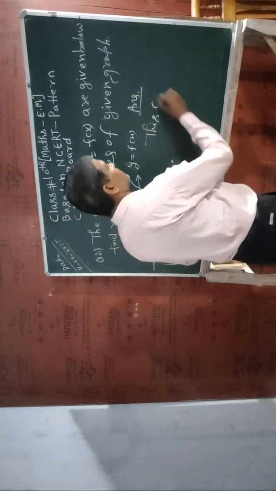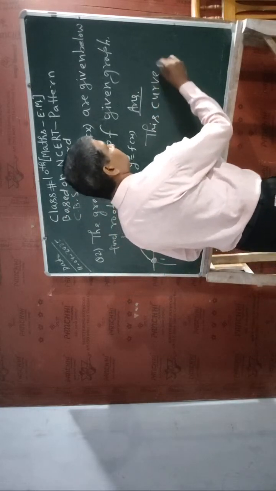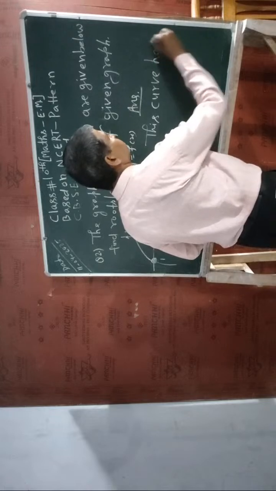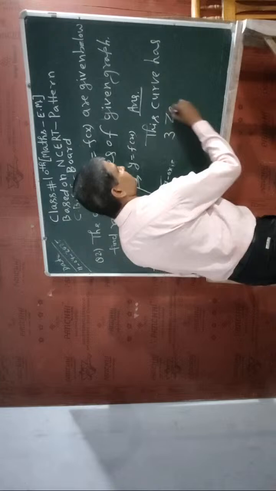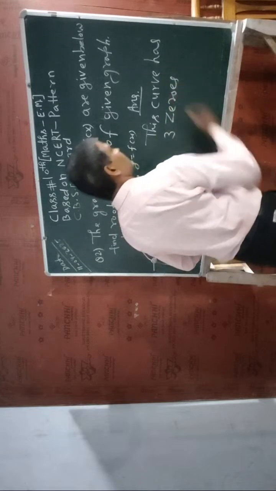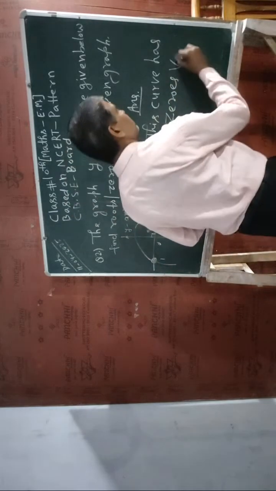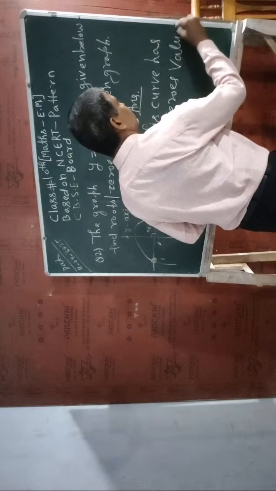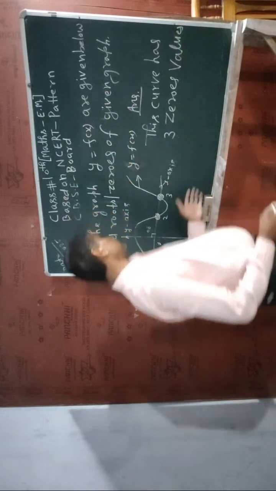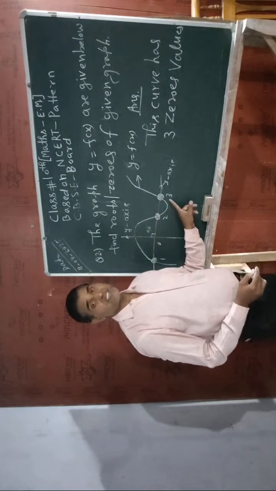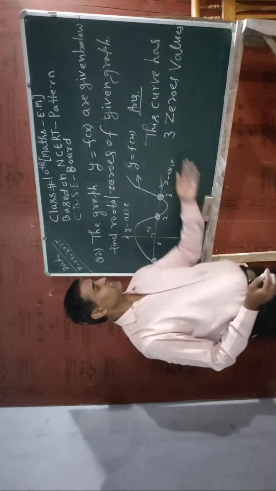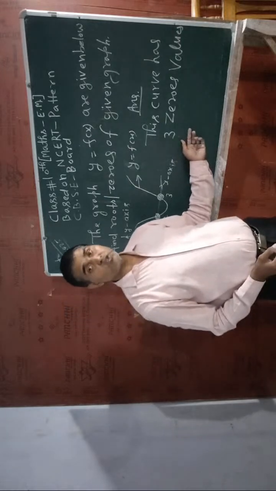This curve has 3 zeros value, because this curve is intersecting the x-axis at 3 different points, so I will say it has 3 zeros value.